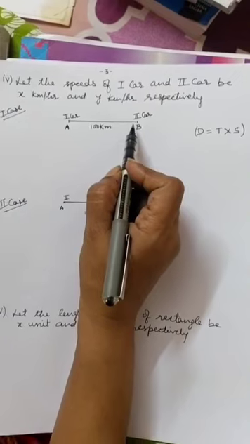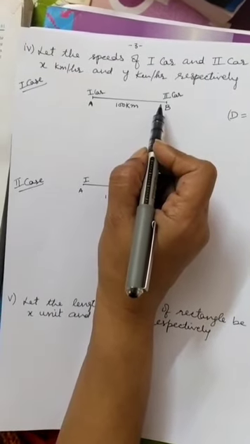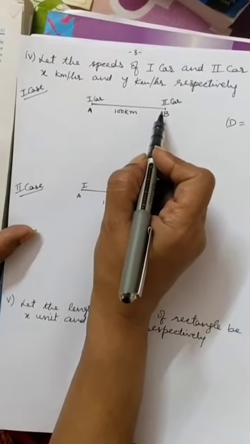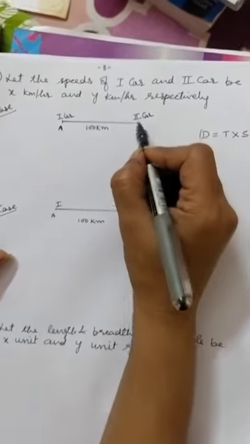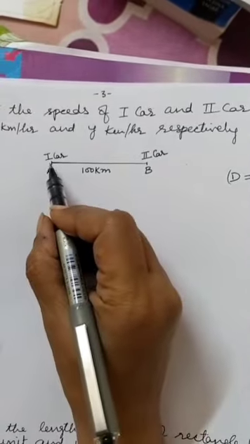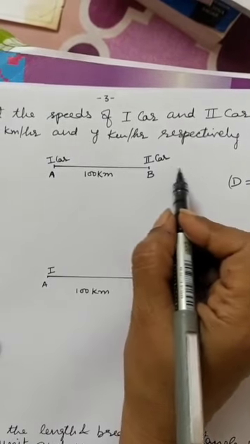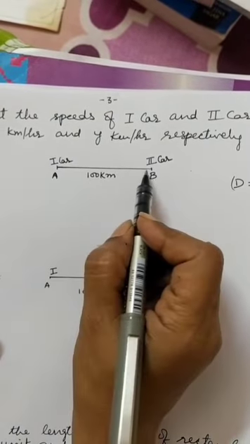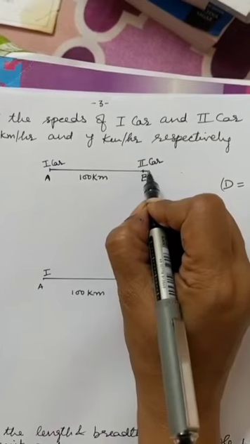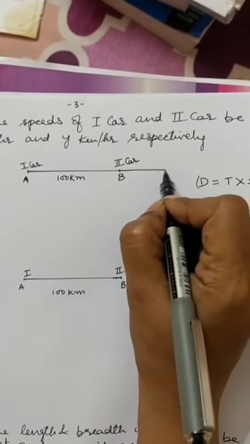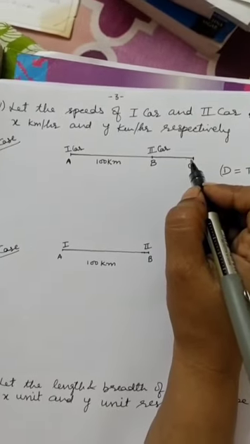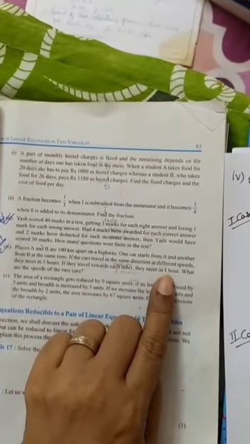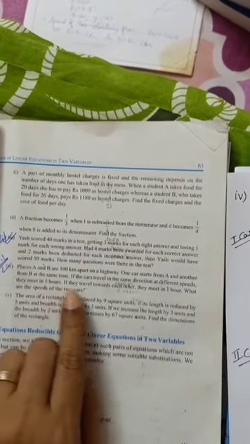If the cars travel in the same direction at different speeds, the second car has started from here, the first car has started from here, and suppose they meet at this point, C. Let us read once again. If the cars travel in the same direction at different speeds, they meet in 5 hours.